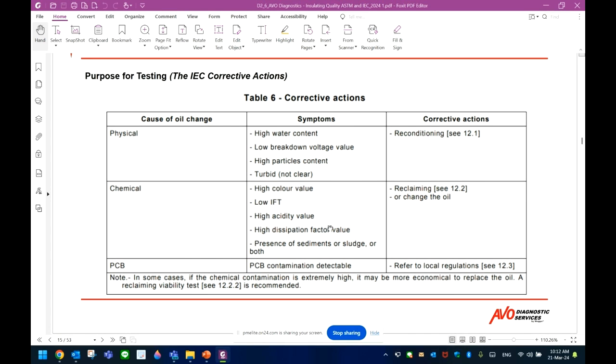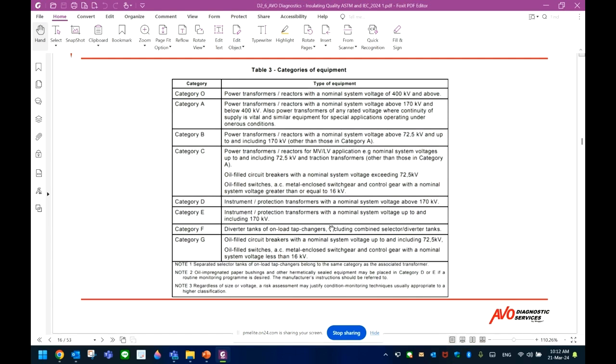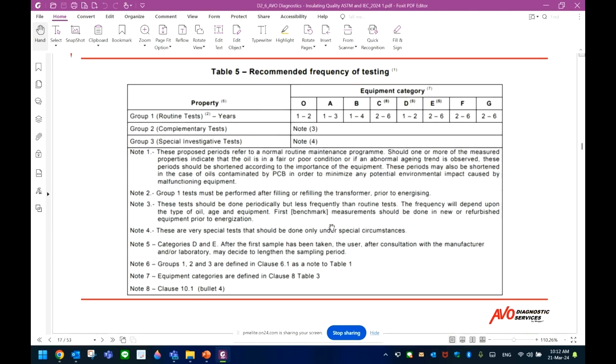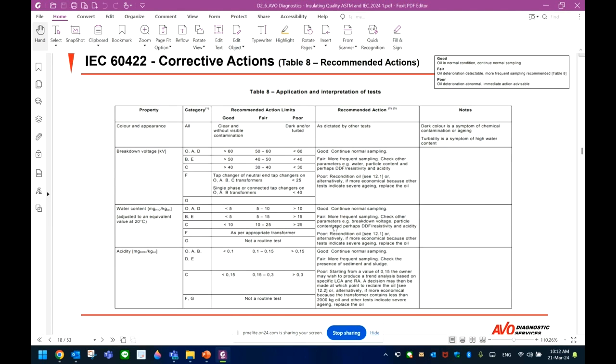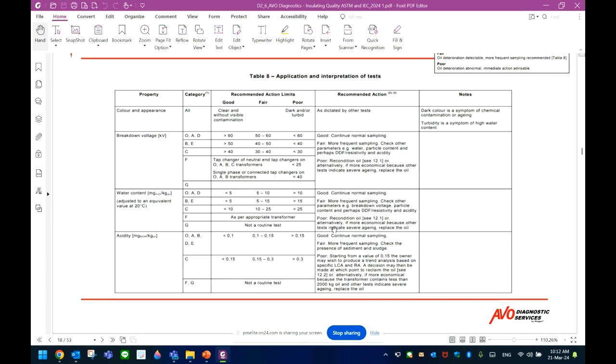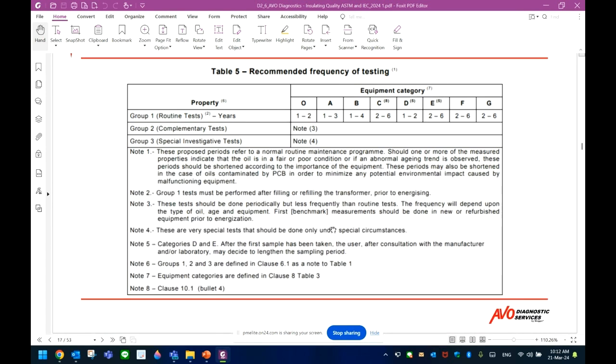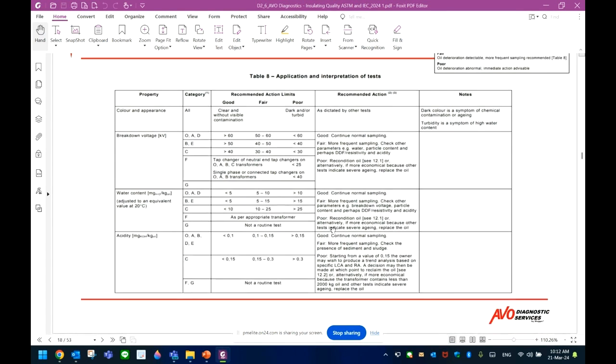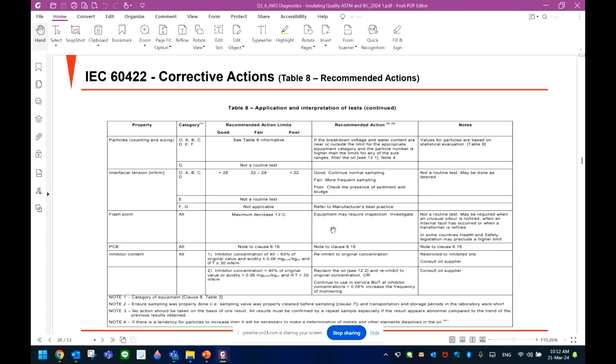So it depends on what test, but for the IFT test, here, interfacial tension, we have a recommendation. This is from the IEC.